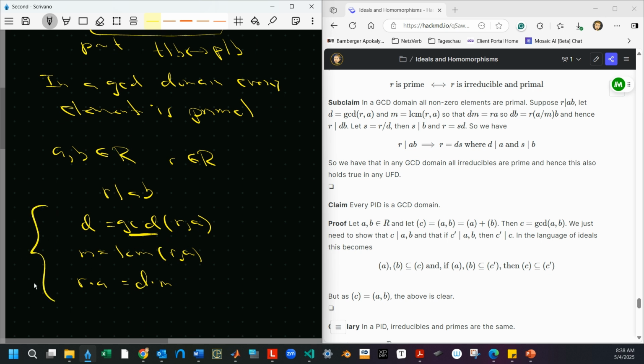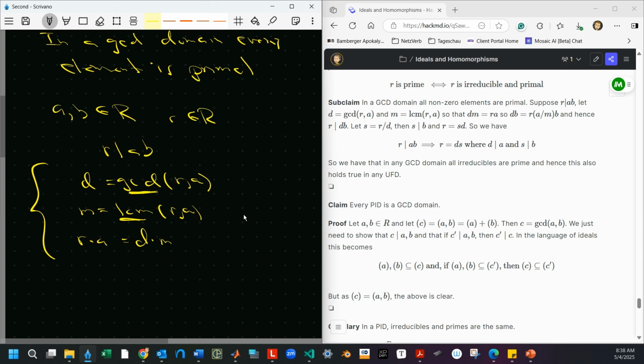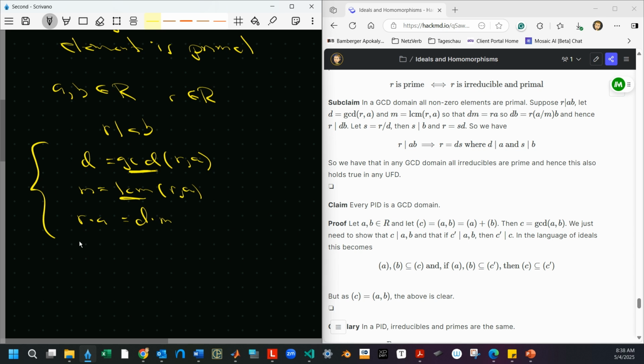So that's good. All we need is for these things to exist in order to write that down. Okay, so we have that, and so then I have that D B is actually R times A over M times B.